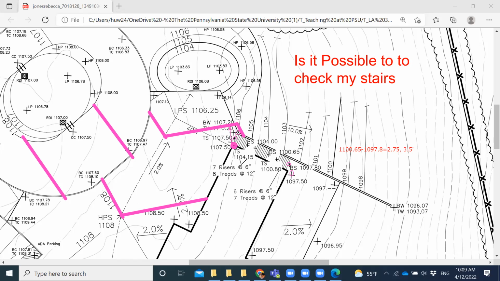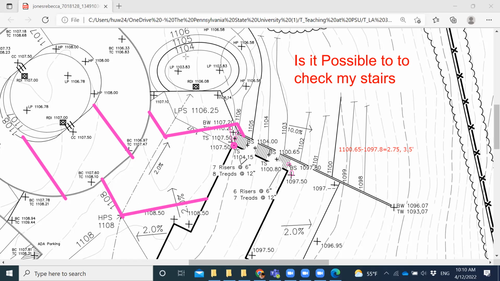So then that one would be close to 1107.20 or 15, something like that. And use these two to guide how I divide the flights. As long as the TS and BS elevation differences match the riser height multiplied by the number of risers, then you're good. Okay, thank you.